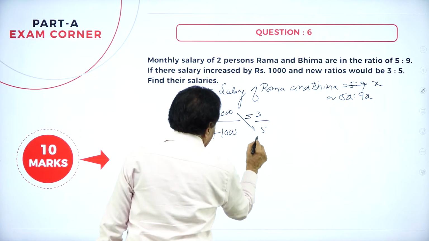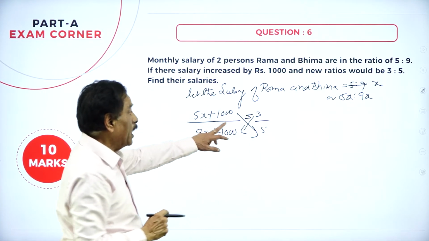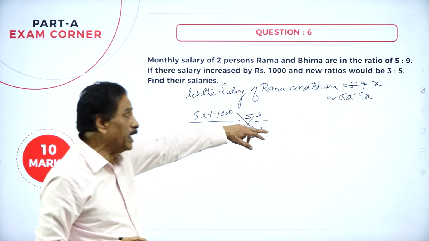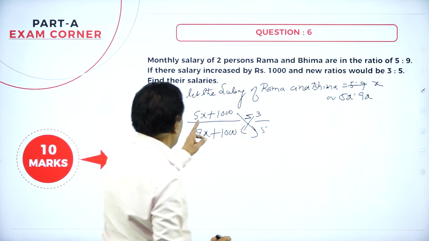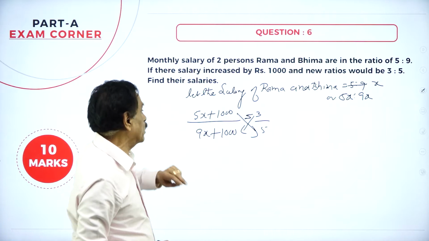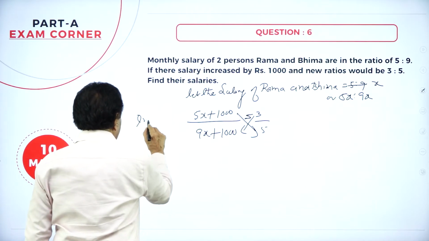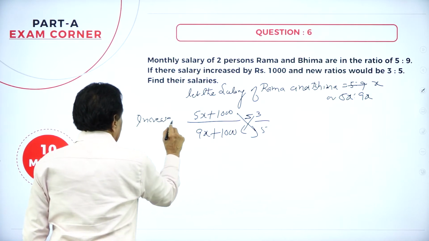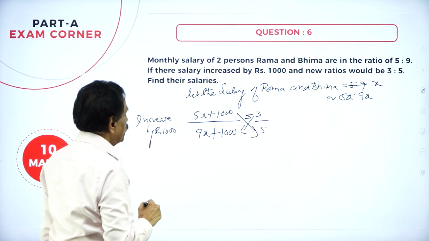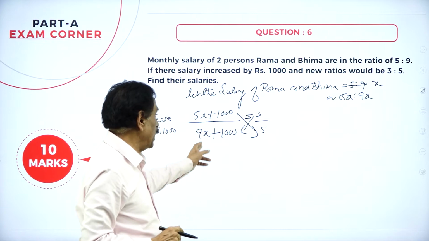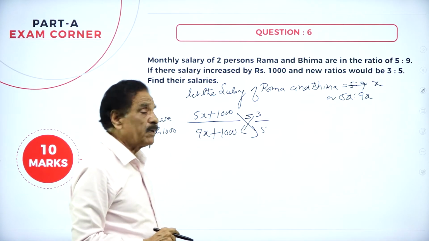Cross multiply. Let the salaries of Rama and Bhima be in the ratio 5:9, which means 5x and 9x. Both are increased by rupees 1000: 5x plus 1000 over 9x plus 1000 is 3 by 5.